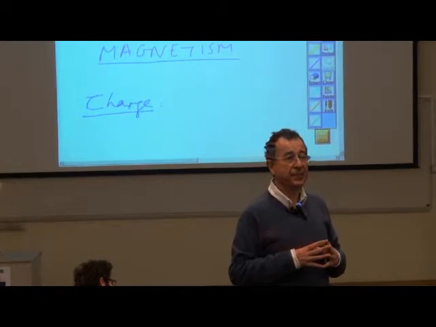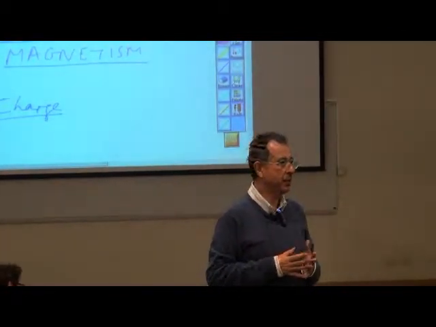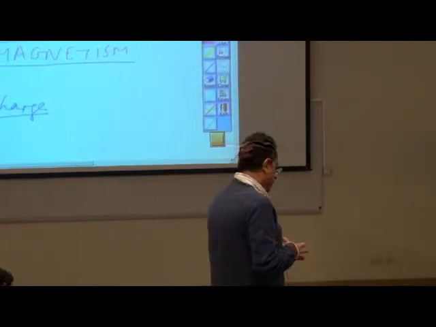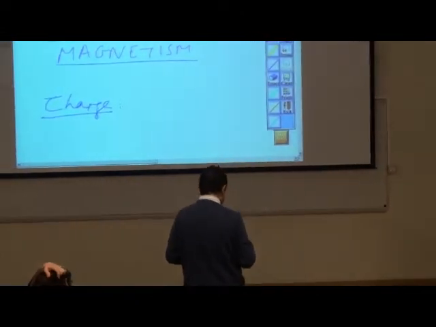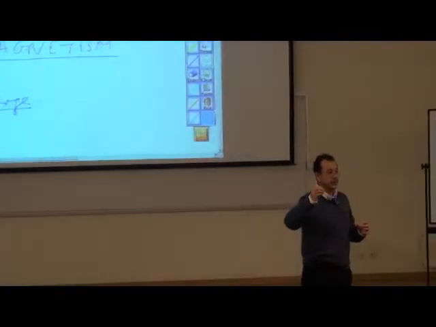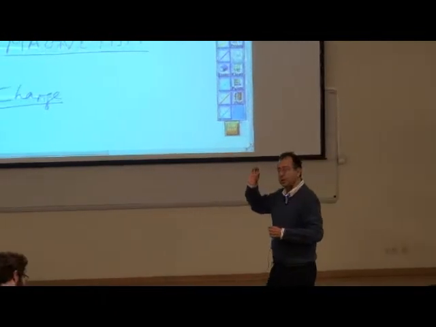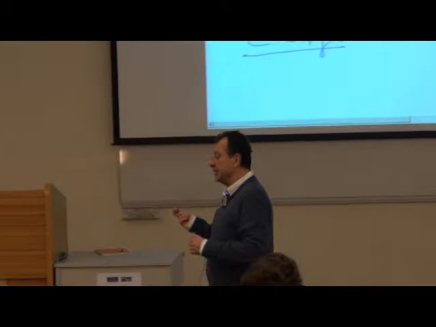Only in 1895, which is quite late, a little more than 100 years ago, an experimental physicist, J.J. Thomson, was able to separate negative charges and show that this was a type of particle, a very, very small particle. He discovered the electron.